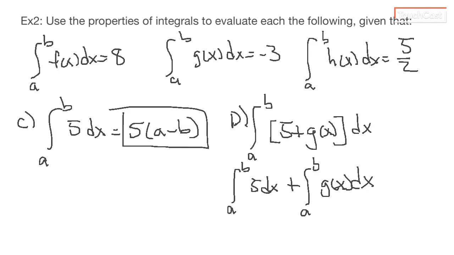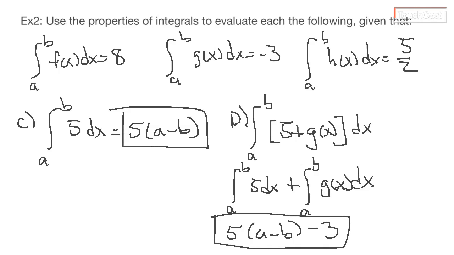We just found the first part. We know that's 5 times a minus b. And then we already know the second part. That was given. So we're adding -3, so we can just write -3. So 5 times a minus b minus 3 is our answer to D.